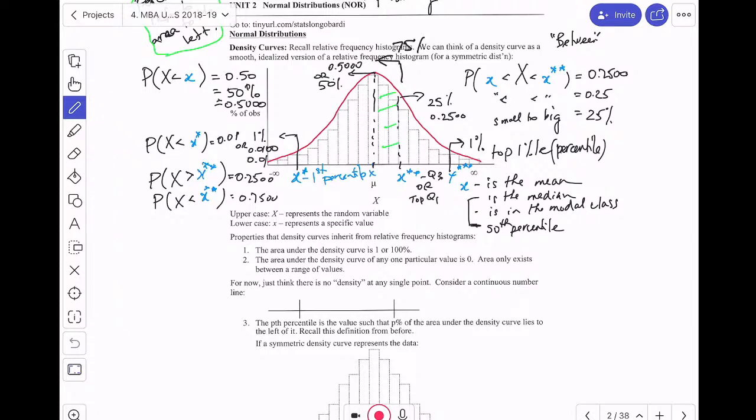Remember that between any two values, there are infinitely many values, right? Because it's a continuous variable.